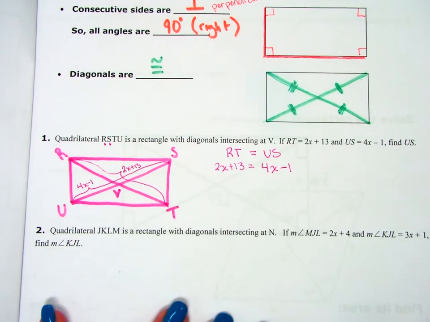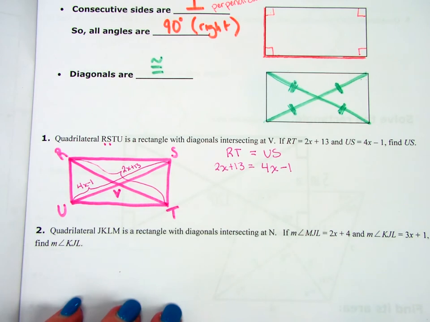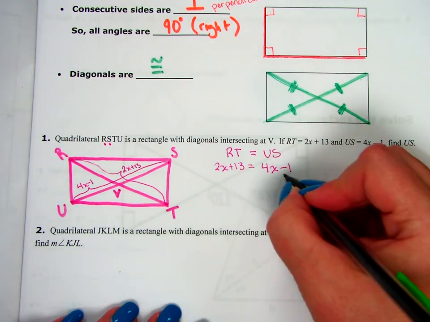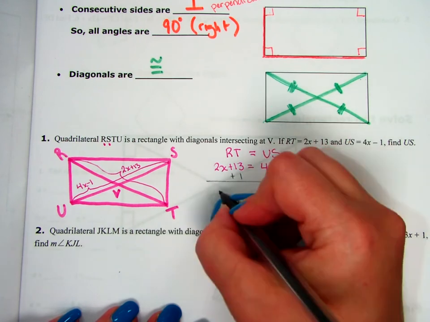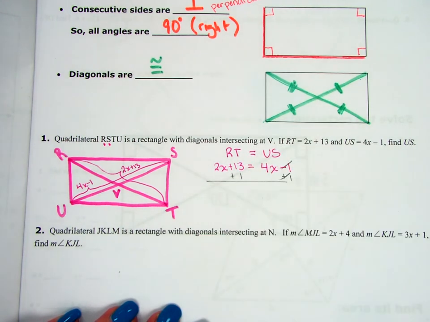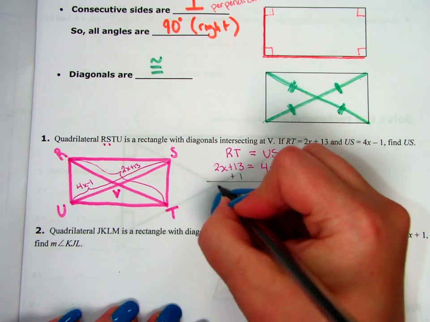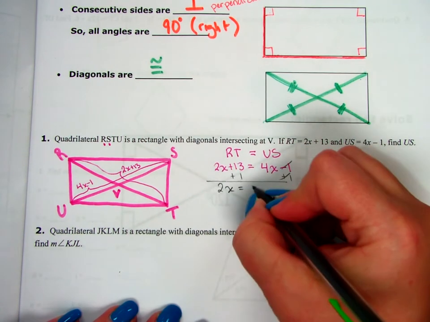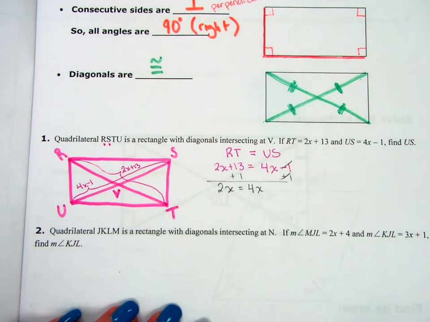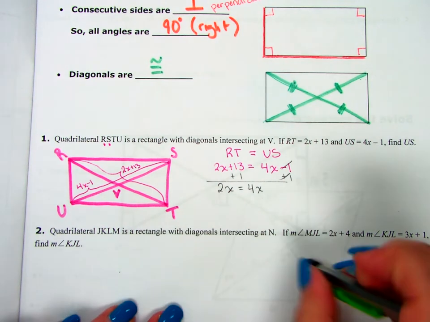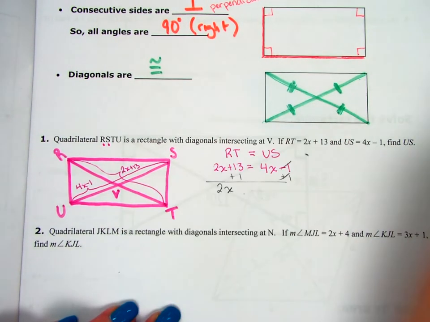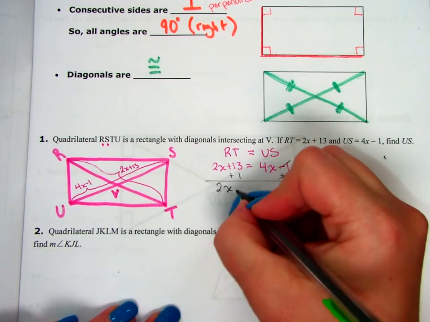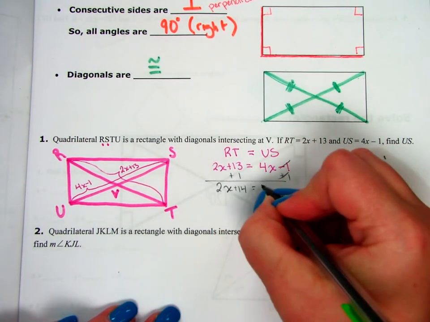What do I do first to solve? Add 1 to both sides. Addition property of equality is going to give me 2x, or sorry, I missed something. I missed plus 14. 2x plus 14 equals 4x.